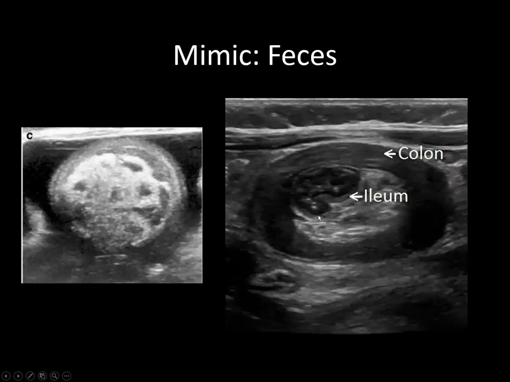You can scroll up and down, and you probably will not find another gut signature within the lumen if it's not ileocolic intussusception. I understand this hyperechoic material of the feces might look like fat, but again, the CNS in this case would help tease it out and not document any ileum within the colon, as in this ileocolic intussusception example.